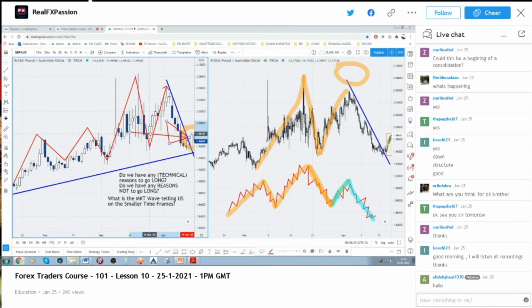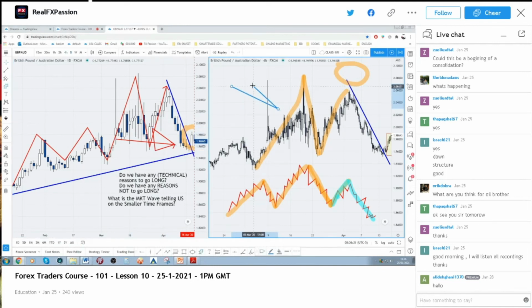Now, today's lesson is how to use the market wave in order to trade better. And if you would monitor the market wave and you would train your eyes to see higher highs, higher lows, lower lows, lower highs, and higher highs, higher lows, and you would see a change in the short-term trend.